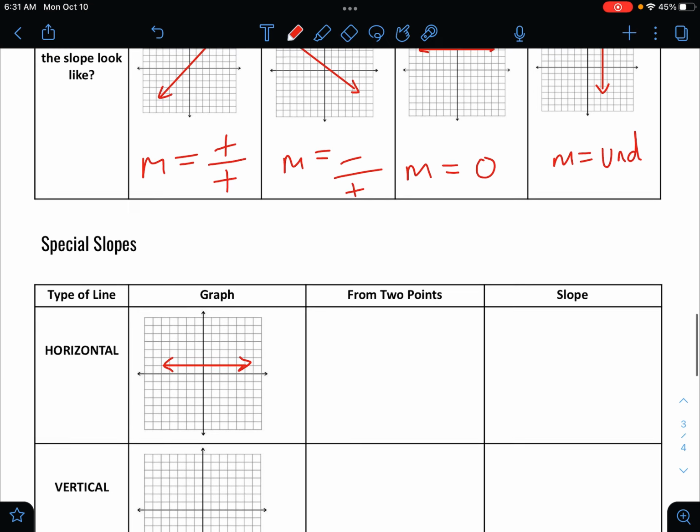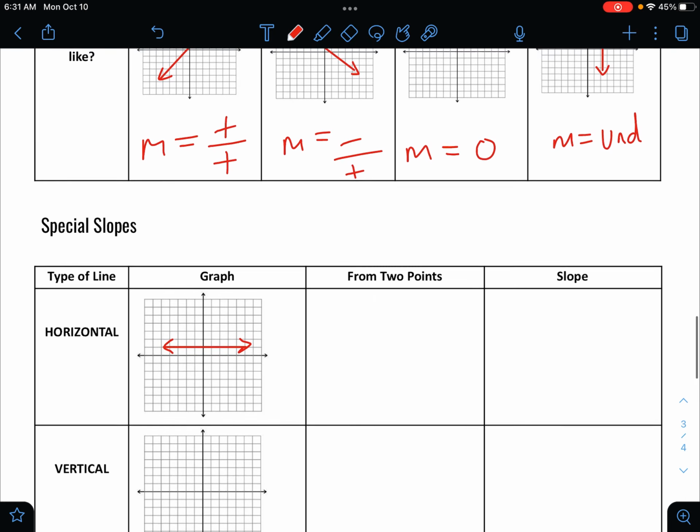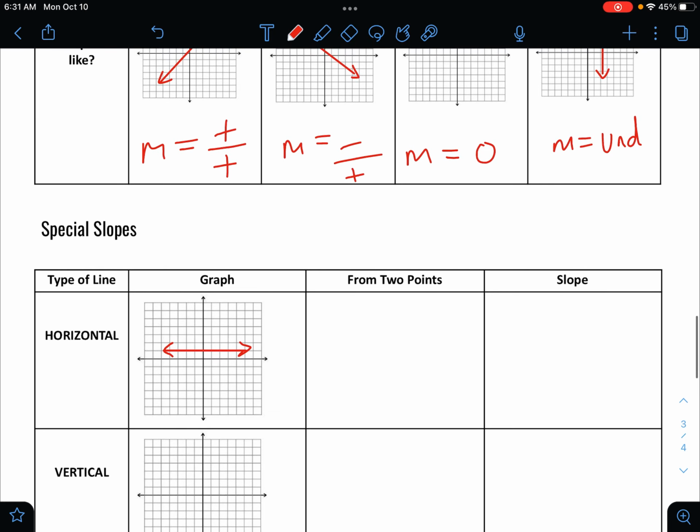Okay, but with special slopes like the horizontal one, the graph looks like a straight line across, which means that it doesn't go up and down at all. So that means the y value doesn't change, right? So let's say you have the 2 points, (2, 0) and, I don't know, (5, 0).